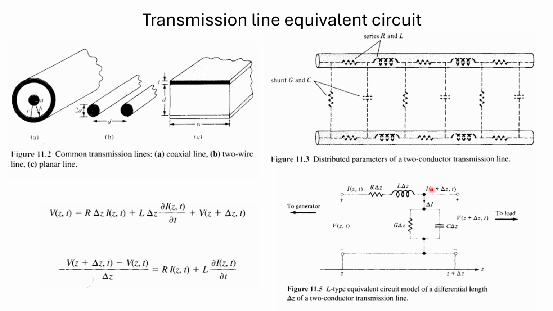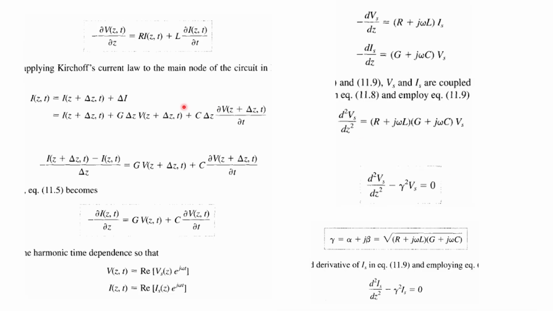So Iz is equal to del I plus Iz plus del Z. Once you characterize using the KCL, then replace the value of Iz plus del Z using the conductance and the capacitance, and you will get dI by dz. Just take it to the left side.